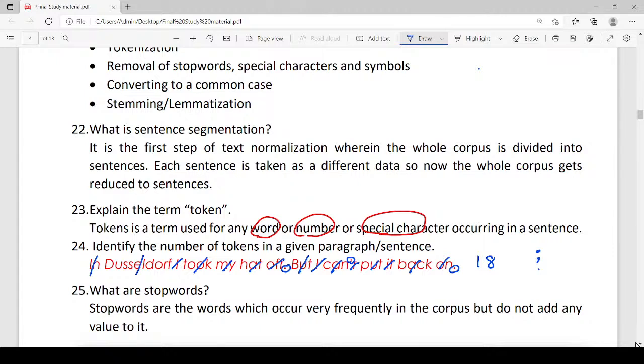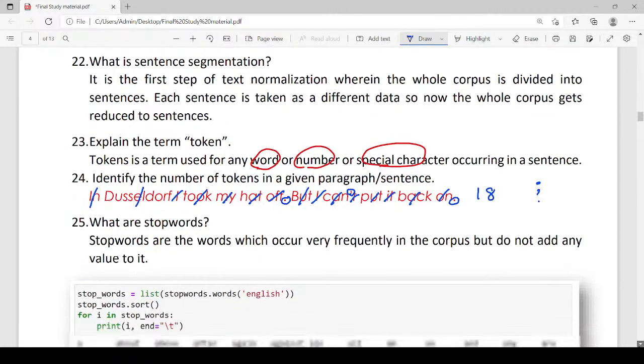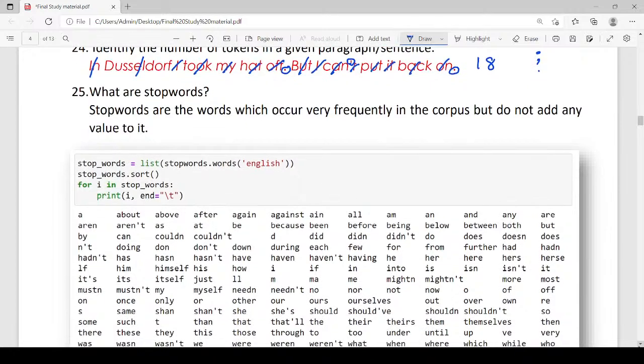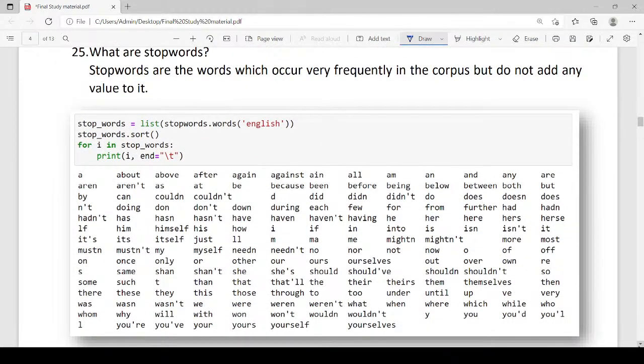Now students, have you ever tried writing a program in Python to find the stop words? Now here is the code. This makes use of the natural language toolkit library. I have listed down all the stop words that are there in English. I've defined the variable stop words and then I've tried to create a list of stop words and then I've tried to sort it in alphabetical order.